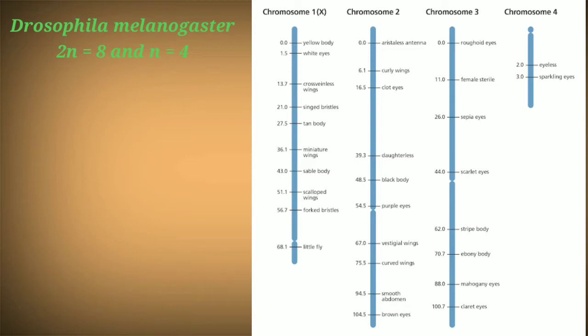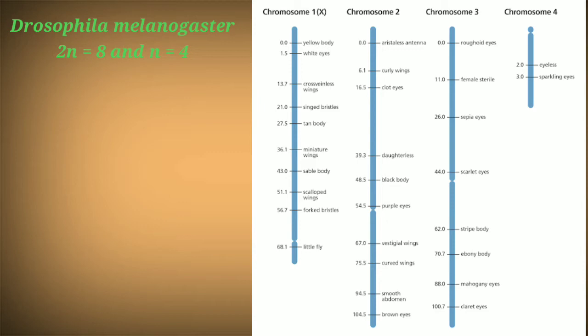Now, as you can see in the diagram, there are some characters written with the chromosomes. As an example, let's take chromosome 2. There in that chromosome, you can see that there are genes that will code for the character of the antenna, and here it is Aristopedia antenna.